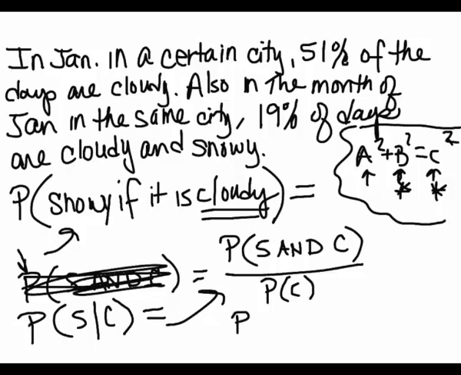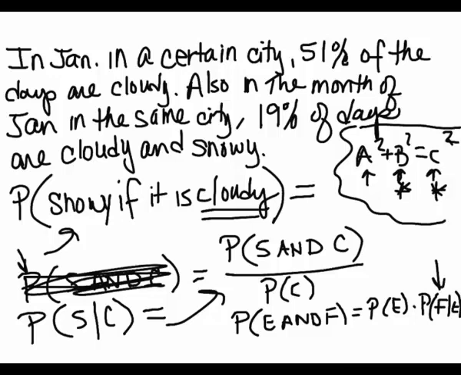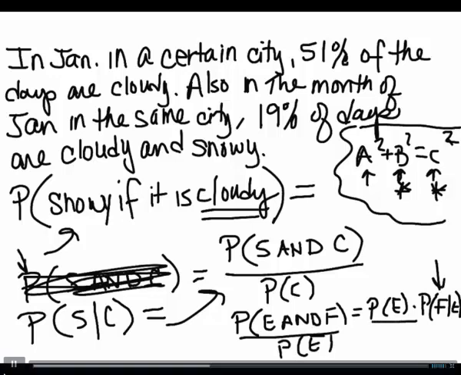Well, I told you that the probability of E and F happening equals the probability of E times the probability of F given E already happened. Well, then if I'm looking for this, wouldn't I just divide both sides by P of E? And that would be gone, and so that's what I'm looking for.